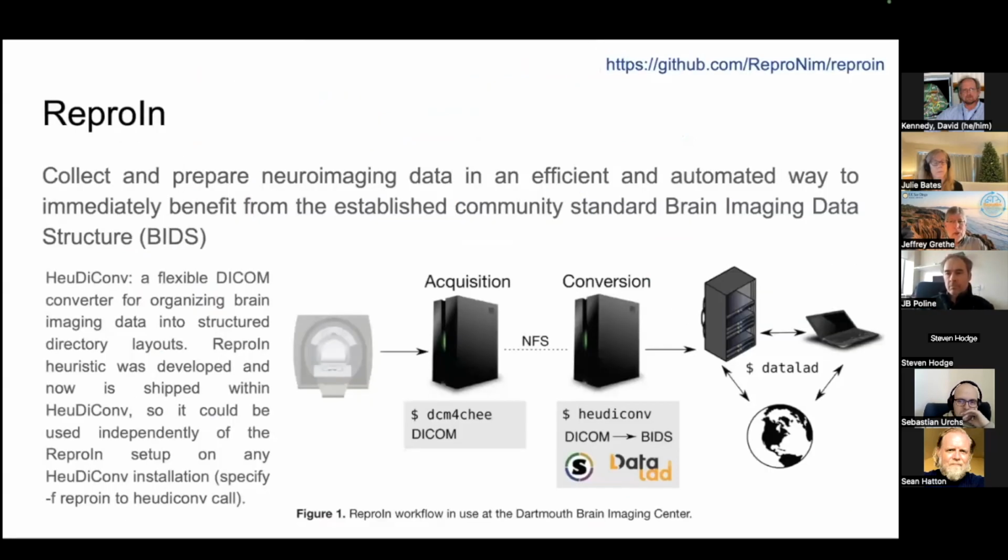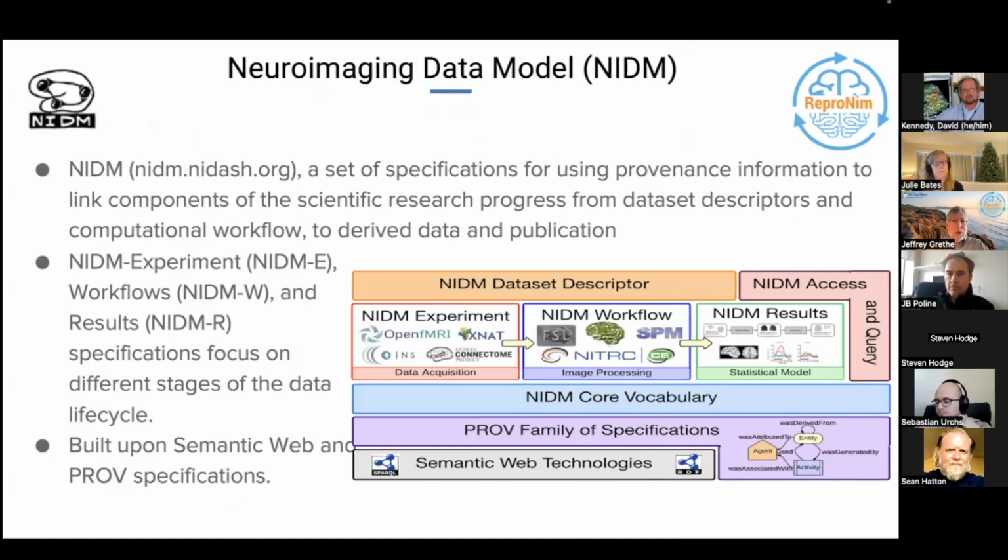And there are tools from ReproNim that will help in getting data into BIDS format. Tools such as ReproIn, which is based on HeuDiConv. So there are these tools that will help you structure your data and get it into this basic structural format, and allow you to then attach some metadata to that.